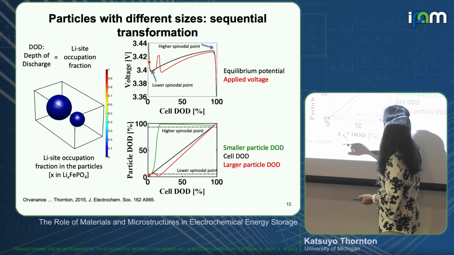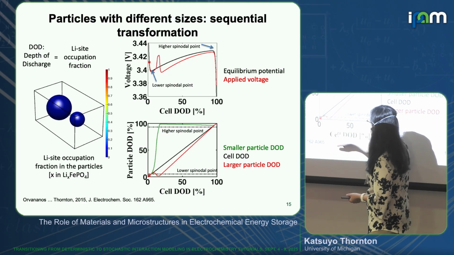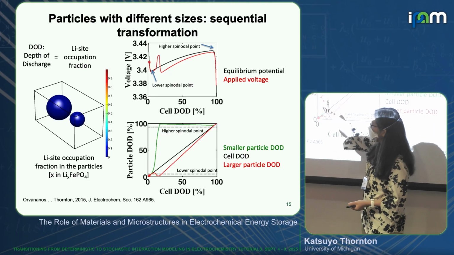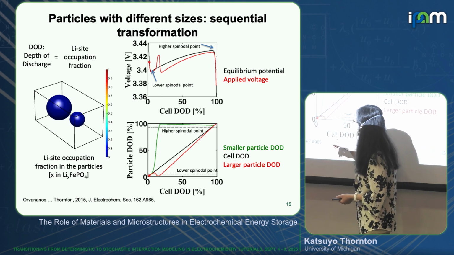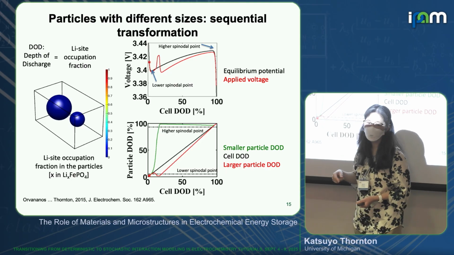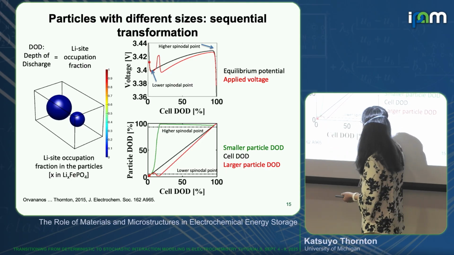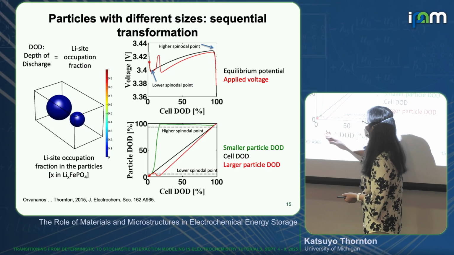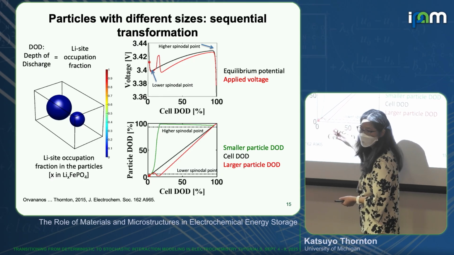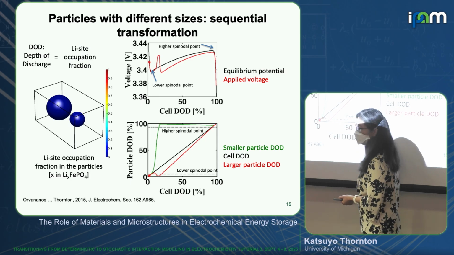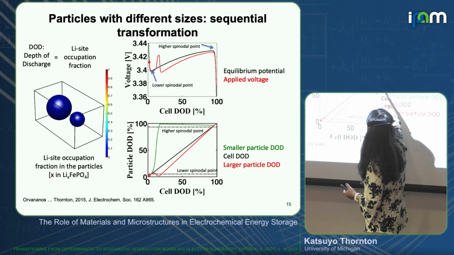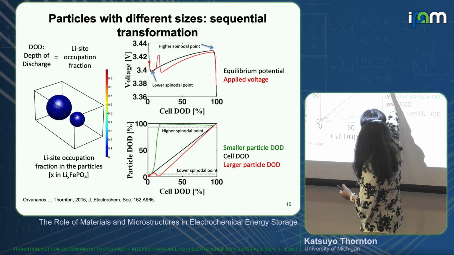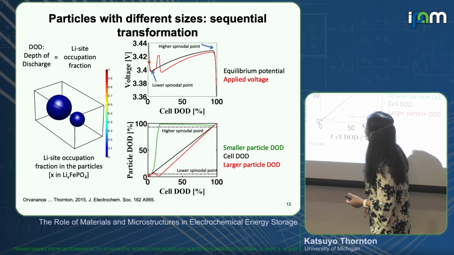Because this is cell DOD, the simulations are all galvanostatic, so cell DOD is proportional to time. It's the same as the time axis, and it is exactly how much lithium there is in the cell. So you get a straight line going from 0 to 100%.